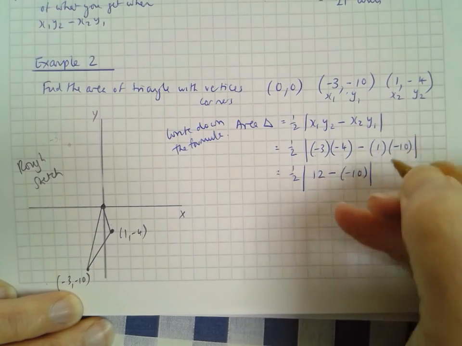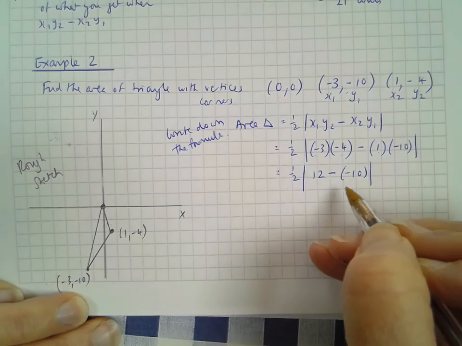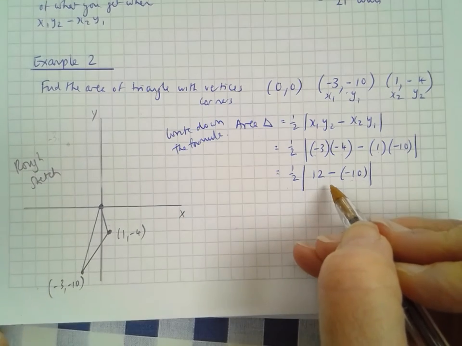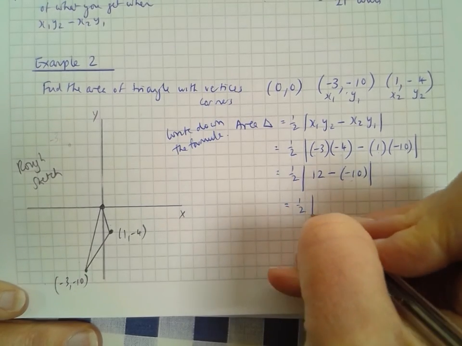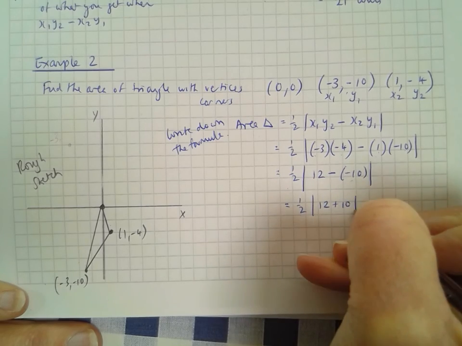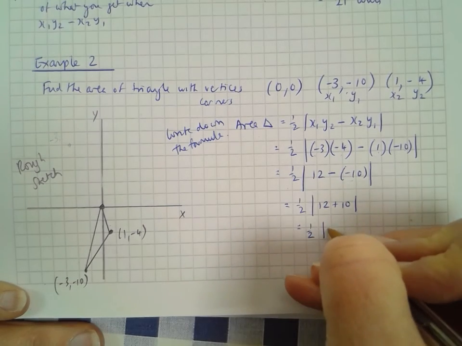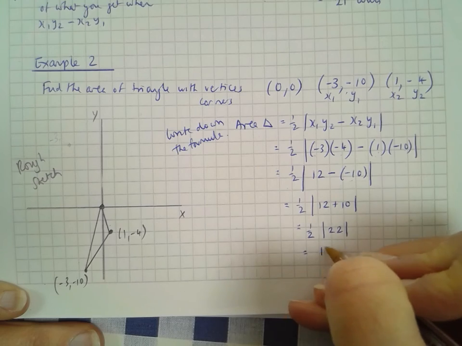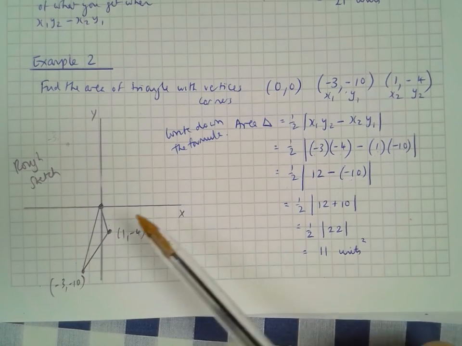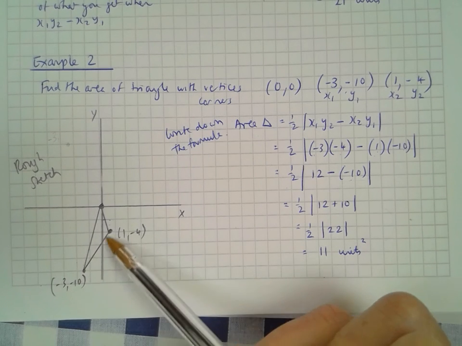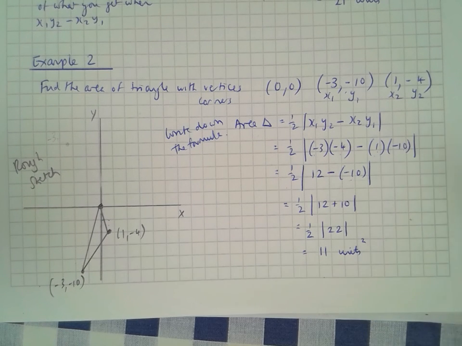Do you notice I'm keeping this in a bracket because here we have one of those situations where it's minus 10. So I'm going to have a half of 12 plus 10, which is a half of 22, which is 11 units squared. So this triangle has an area of 11 units squared.